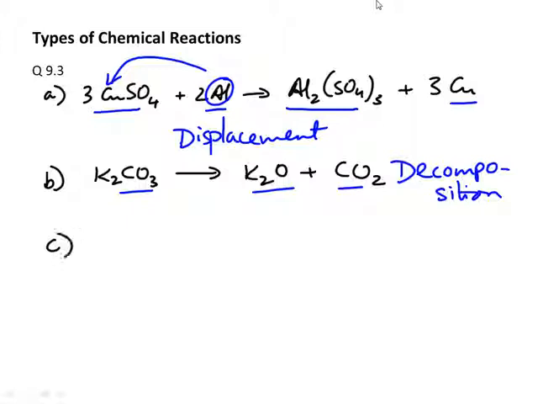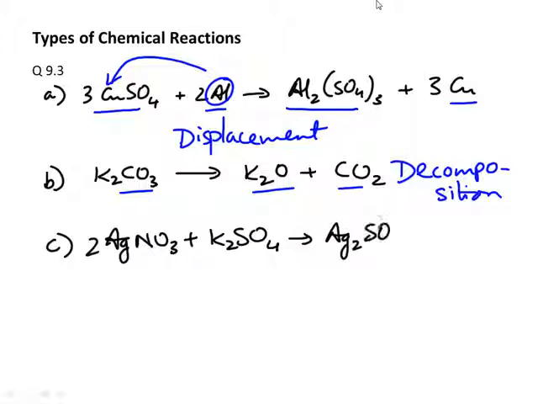Looking at the next one, 2 silver nitrate plus potassium sulfate gives us silver sulfate plus 2 potassium nitrate.